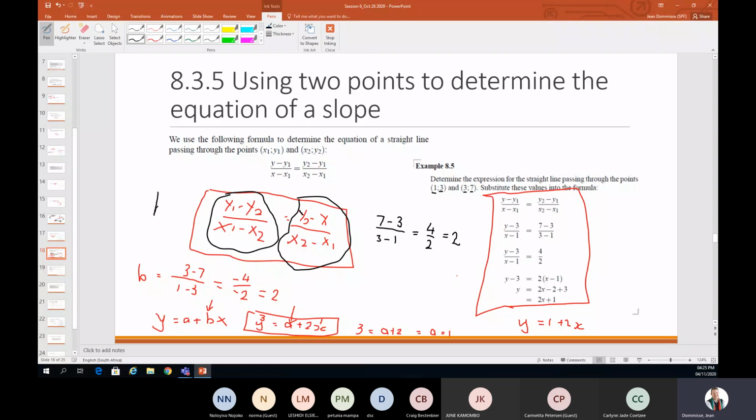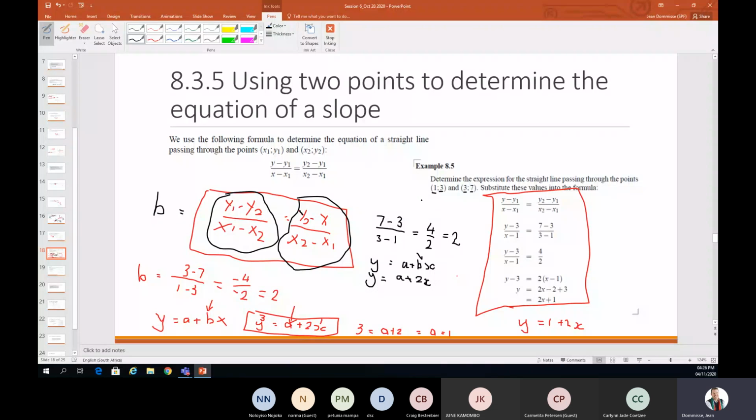So we know that b is equal to 2. Then from the previous work, we know that the formula looks like y is equal to a plus bx. So we know what b is, so we can say y is equal to a plus 2x.